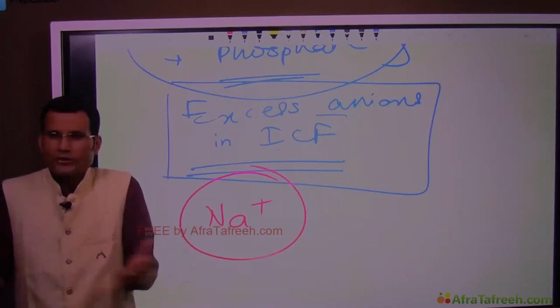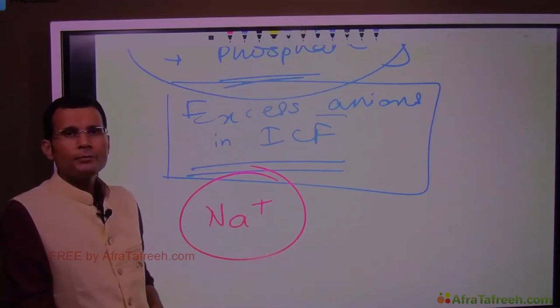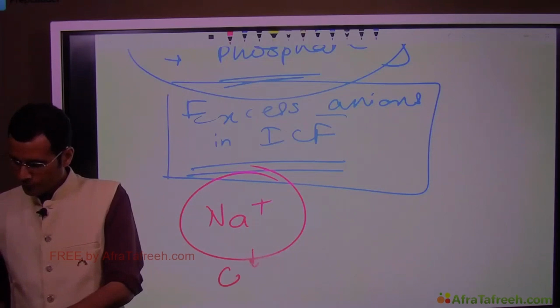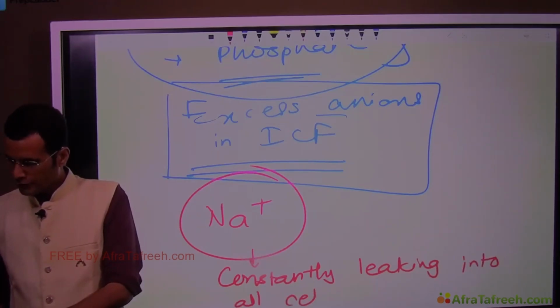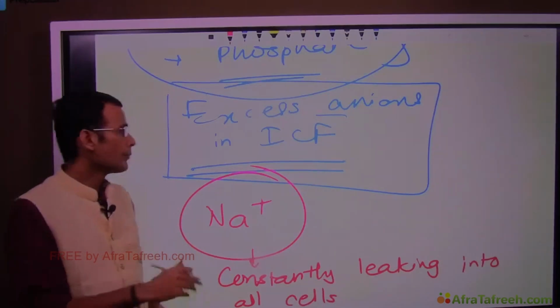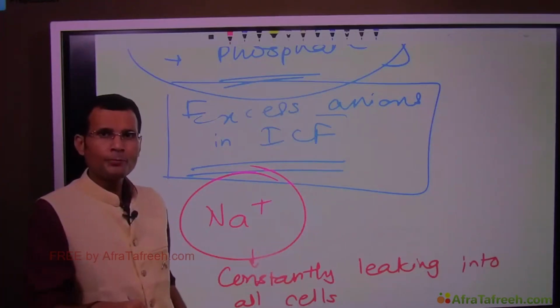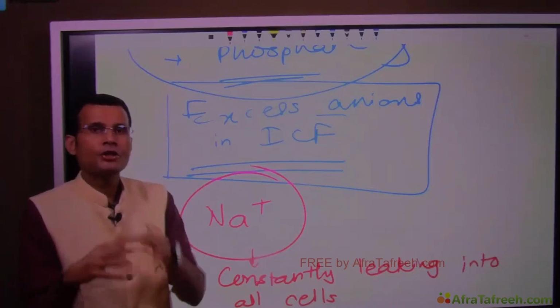Sodium. Naturally, because sodium is in excess in the ECF, and therefore, please remember that sodium is the cation which is constantly leaking into all the cells of the body. And this is happening continuously. Why is sodium continuously diffusing into all cells of the body? To attempt to reach the equilibrium.